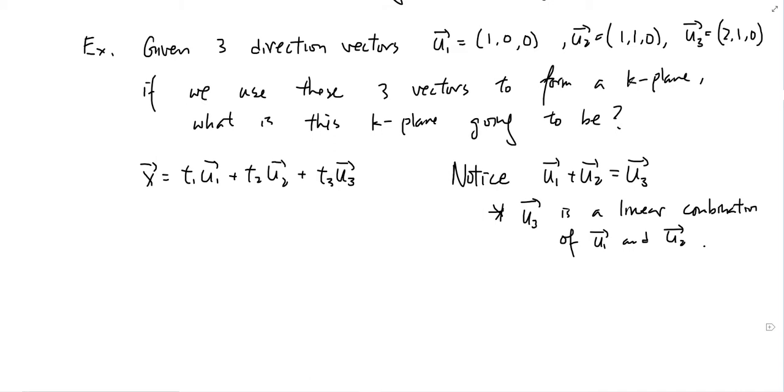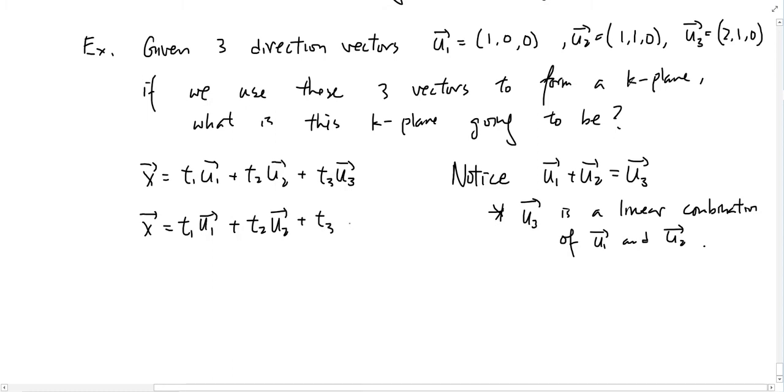How? Well, I'll show you. If I look at this right here, notice that I can actually rewrite my k-plane by changing vector u3 into u1 plus u2. Now, how does that affect my k-plane?